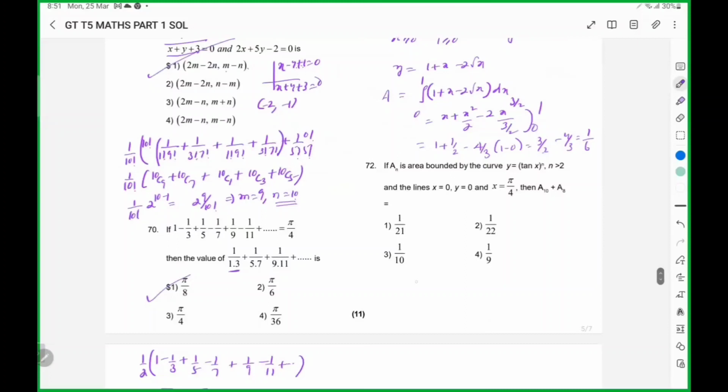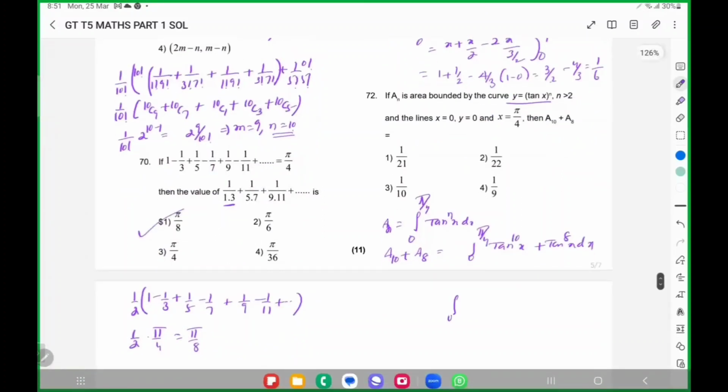Here, this problem: area bounded by this curve is tan power n x dx between 0 to pi by 4, which is a n. So a10 plus a8 will be 0 to pi by 4 tan power 10x plus tan power 8x dx.